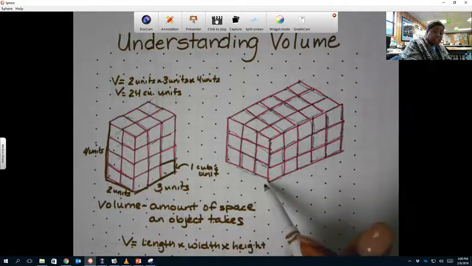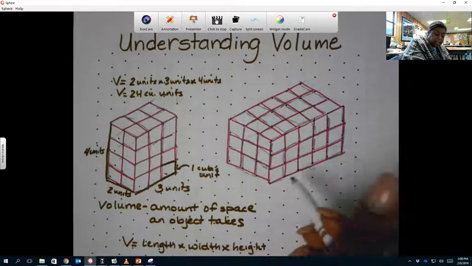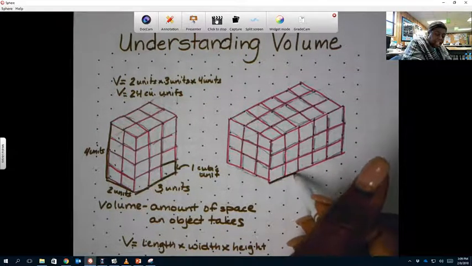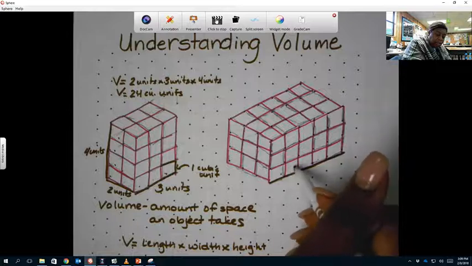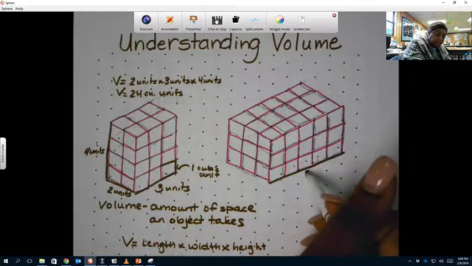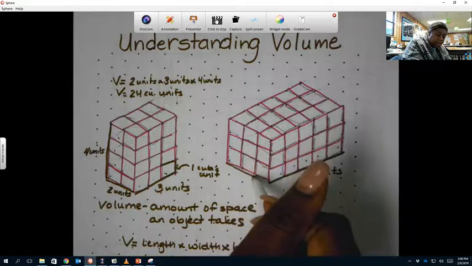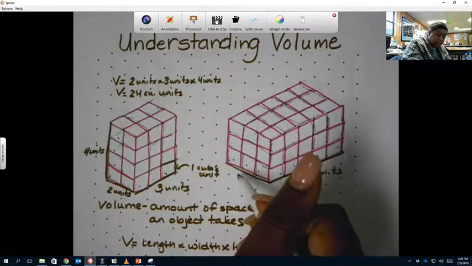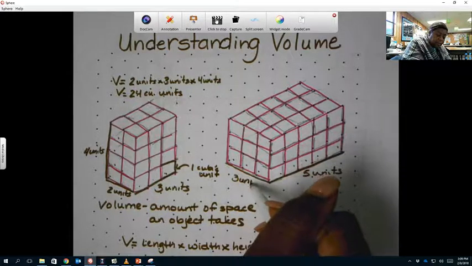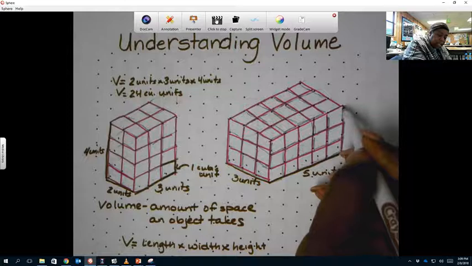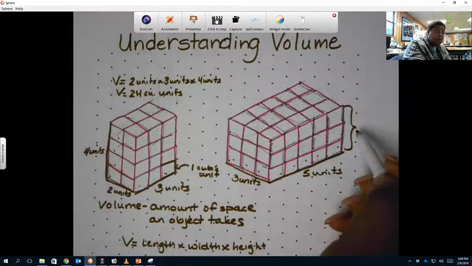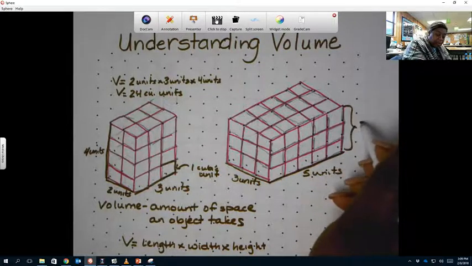Again, I can find the volume by multiplying the sides. So if I just calculate the length of one side, 1, 2, 3, 4, 5 units. The width of one side, 3 units. And the number of layers, which will now be called height, is 3 units.